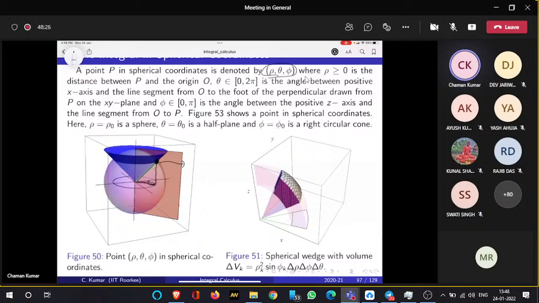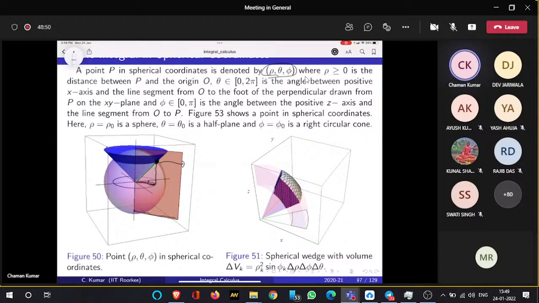Okay, so accordingly you have to do the partition. Now, when the angle with the z-axis is phi, you get this cone. The cone is represented by this blue shape. When the angle is theta, you get a plane, which is represented by this.